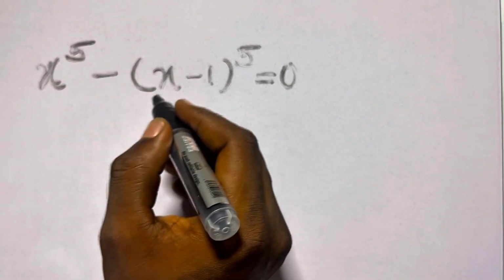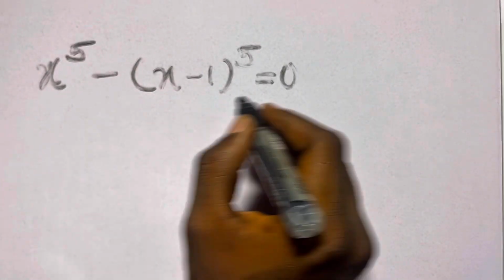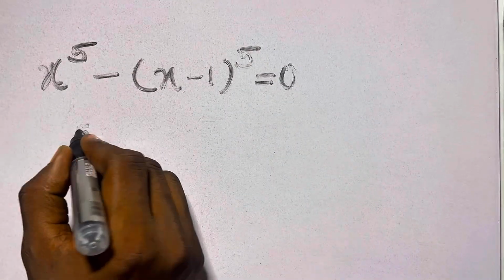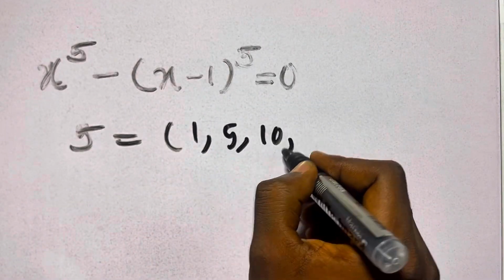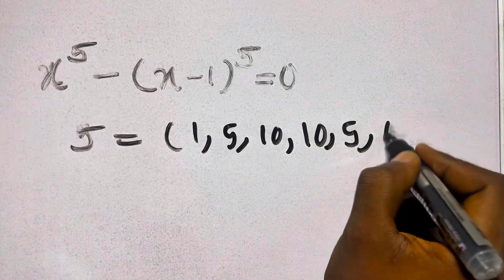By using binomial coefficients, the coefficients for 5 will be 1, 5, 10, 10, 5, and 1.